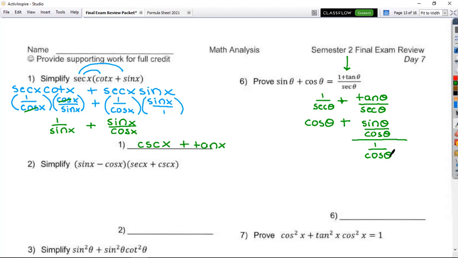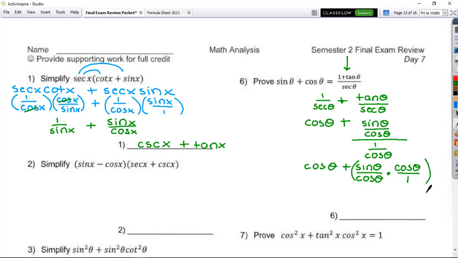Okay, again, my left side is all set. I'm just going to rewrite it. And then what happens on this other part is I'm going to do a keep change flip. So I'm going to get a sine of theta over a cos of theta, and we're going to multiply this by cos of theta over 1. And then you're done. So this is all together still.